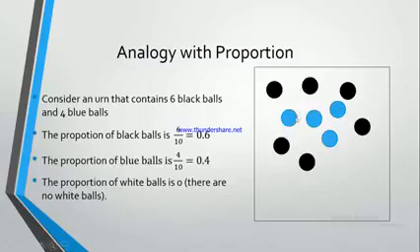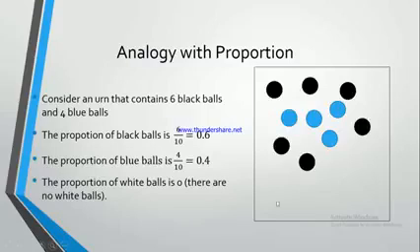And the proportion of blue balls is the number of blue balls over the total number of balls, which is 4 over 10, and the answer is 0.4. And we can see that we don't have white balls, so the proportion of white balls is 0.